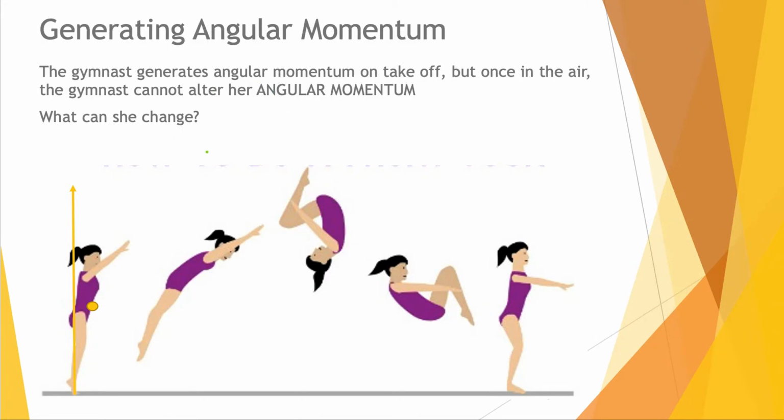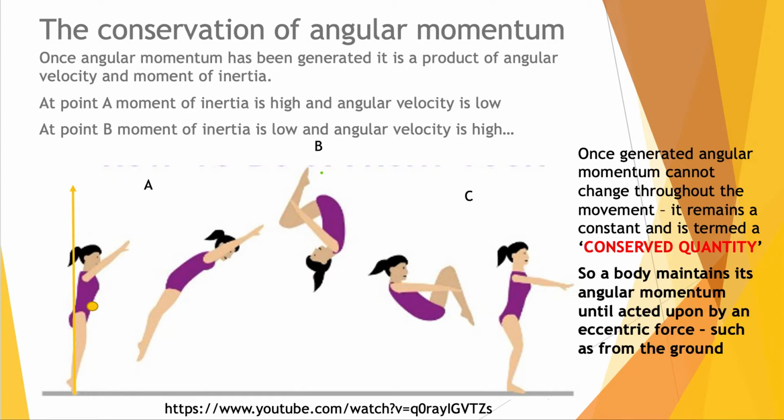So obviously while she's in the air, she can change her body shape, and we learned last lesson how by coming into this tuck position and distributing mass closer to the axis of rotation, she's reducing moment of inertia, and therefore she can change her angular velocity, because those two things are closely linked.